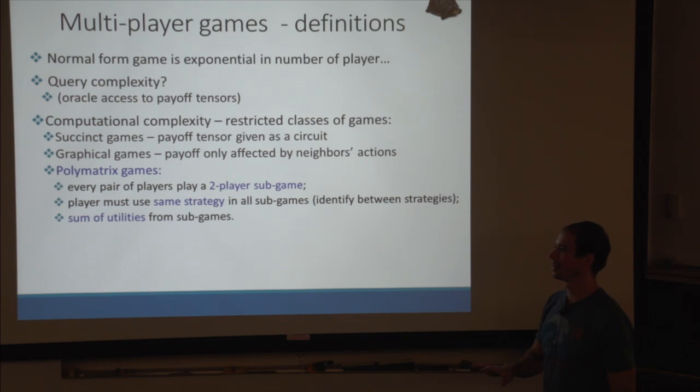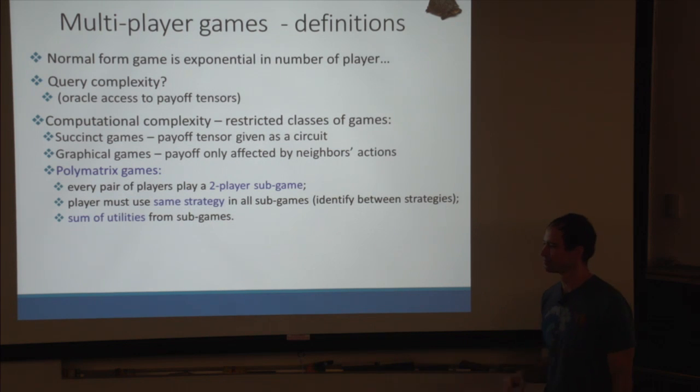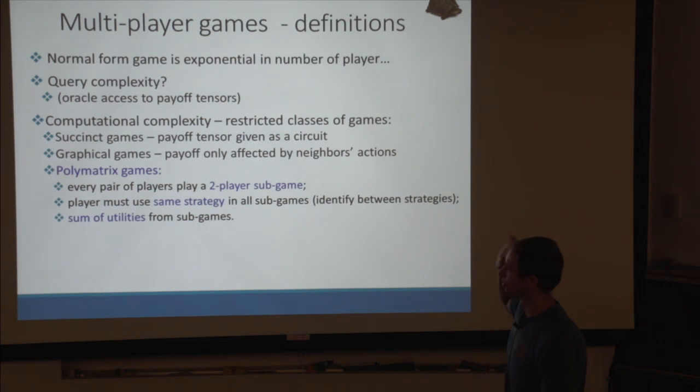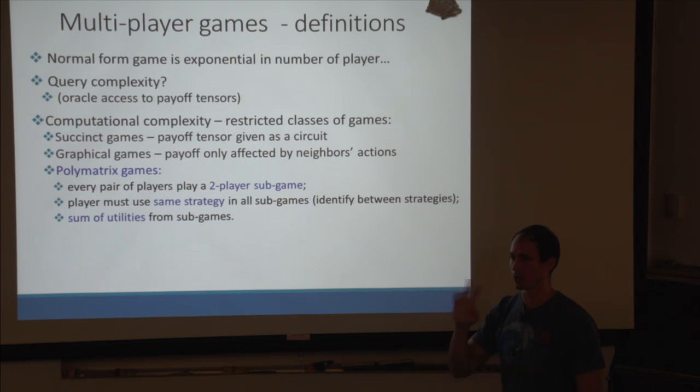So n is the number of players, but it's also the number of strategies, so n is the maximum of the two. So I have n squared times that. But for all our multiplayer games, you can think of them as just 2 actions per player.